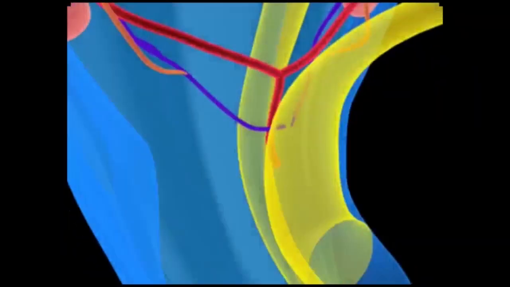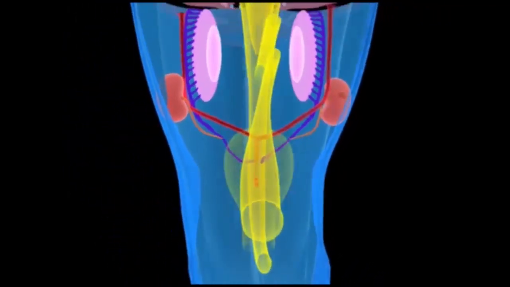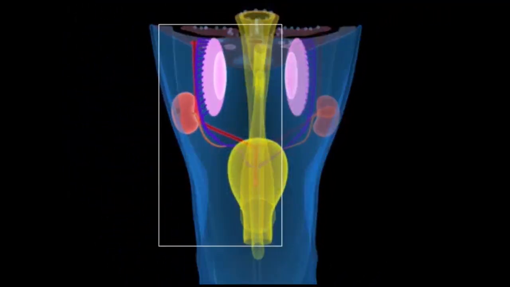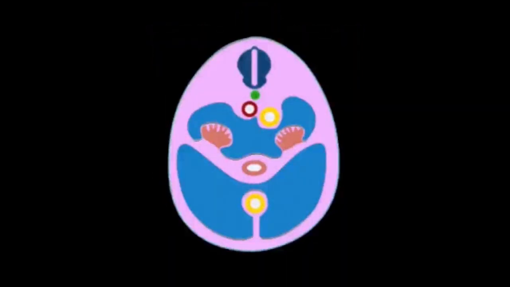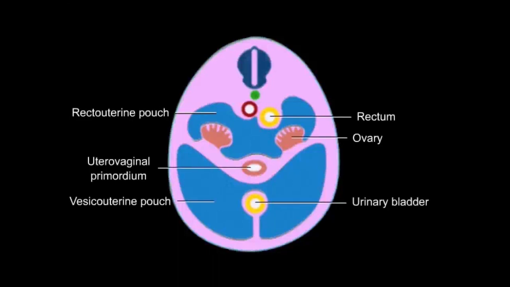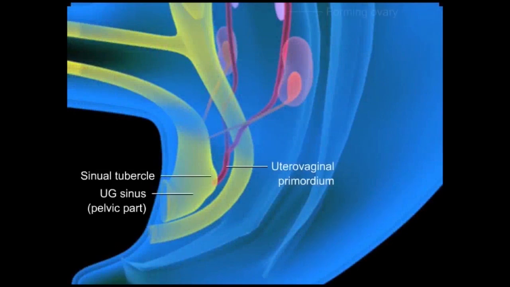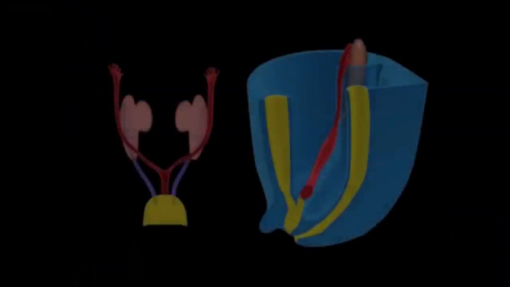In the absence of a Y chromosome and under the influence of the X chromosome, the female reproductive ducts begin to form. The fused inferior portions of the paramesonephric ducts, the uterovaginal primordium, can be seen entering the urogenital sinus.